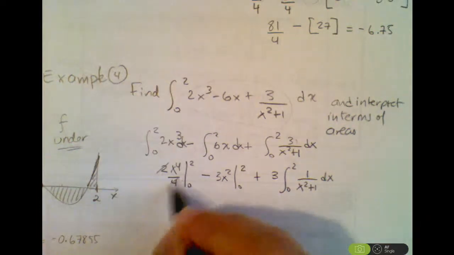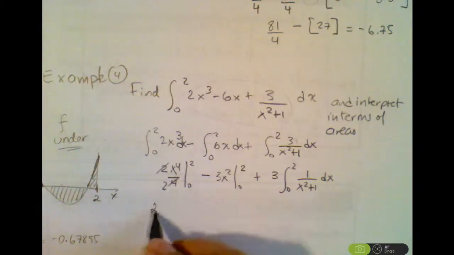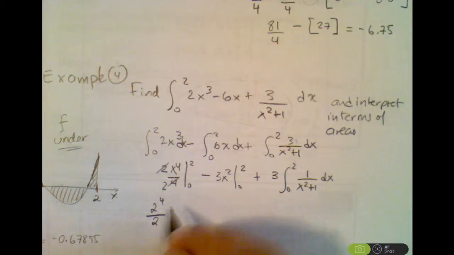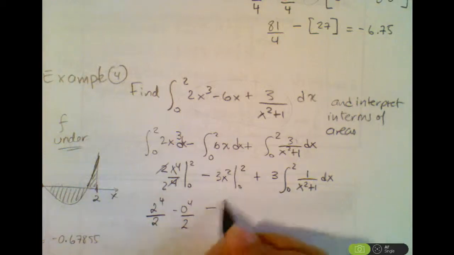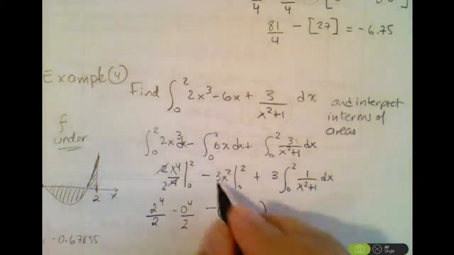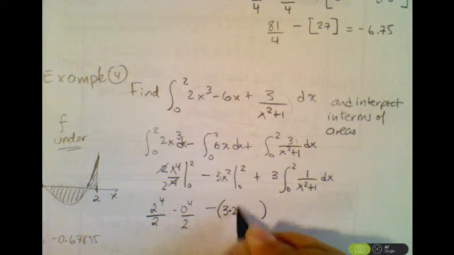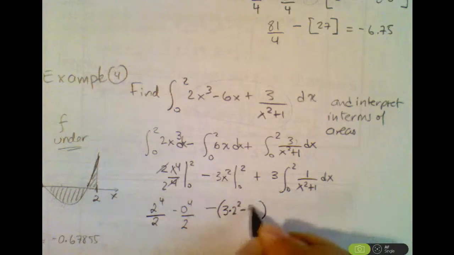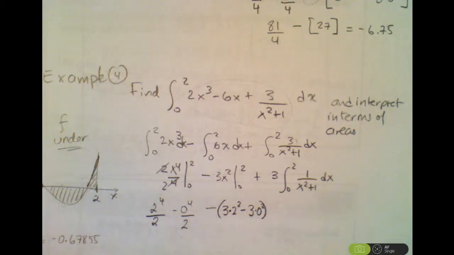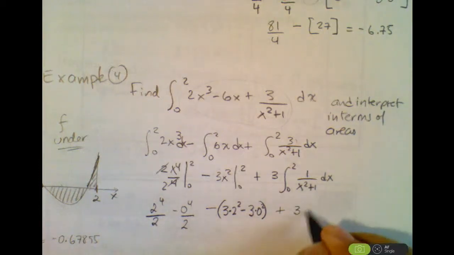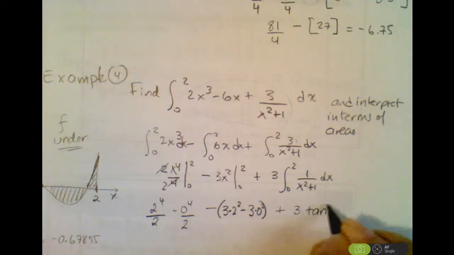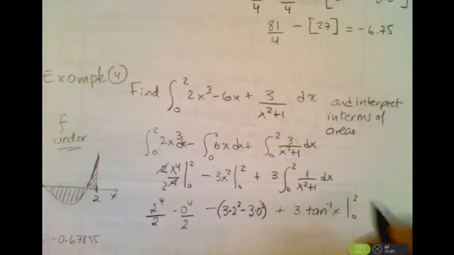Now 2 and 4 simplify, so this will be 2 to the 4th divided by 2 minus 0 to the 4th divided by 2, minus, please put this entire thing between parentheses, 3x squared evaluated at 2 minus 3 times 0 squared, plus 3 arctangent of x between 0 and 2.